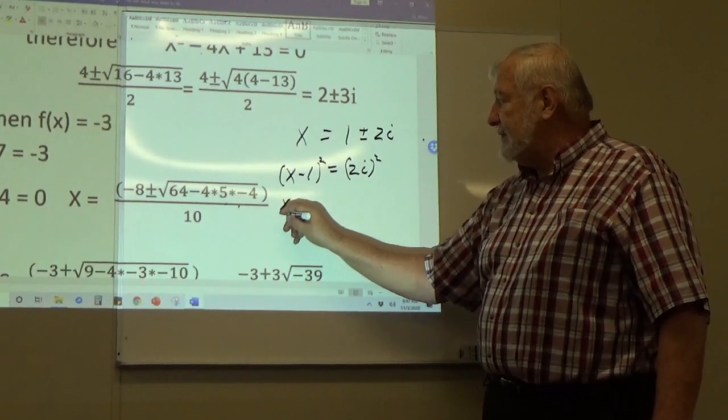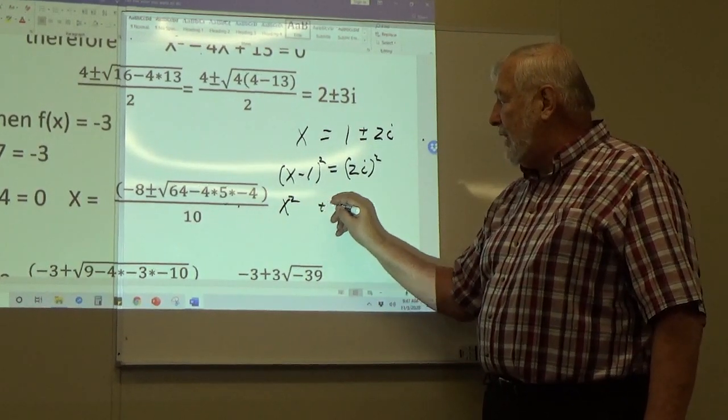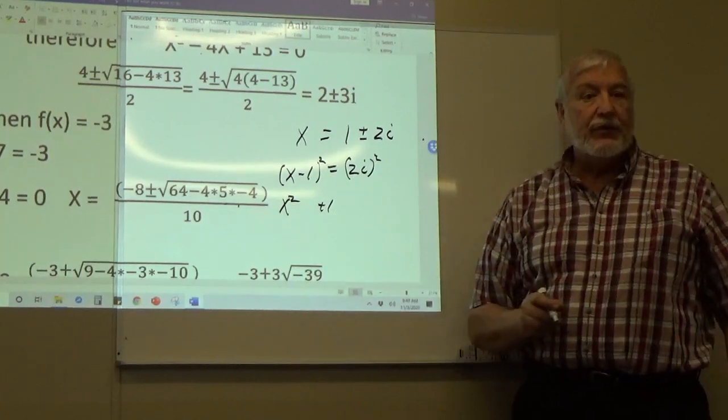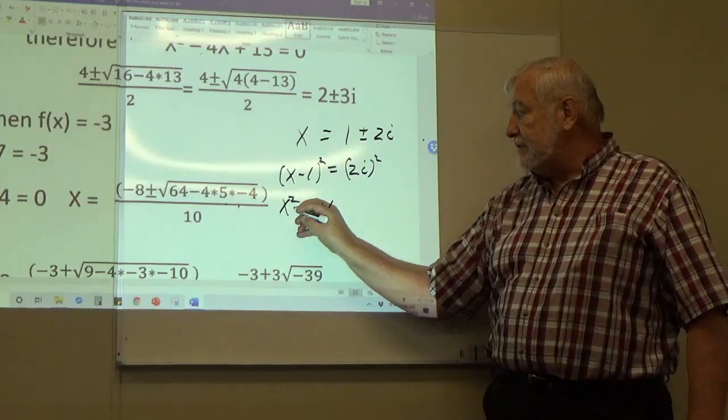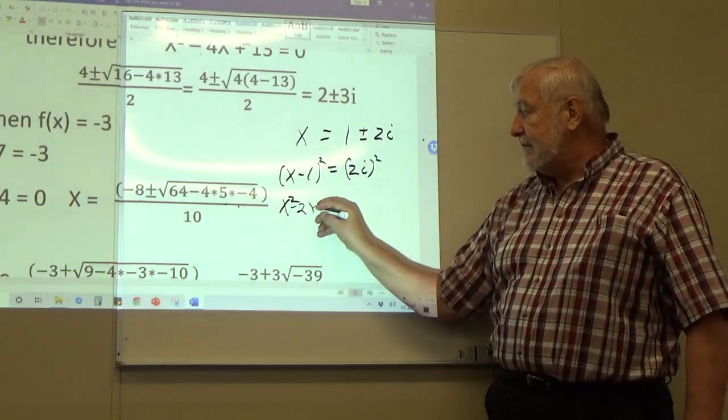So now this is x squared plus 1, and what will the middle term be? It'll be 2 times what you see, which is negative 2x.